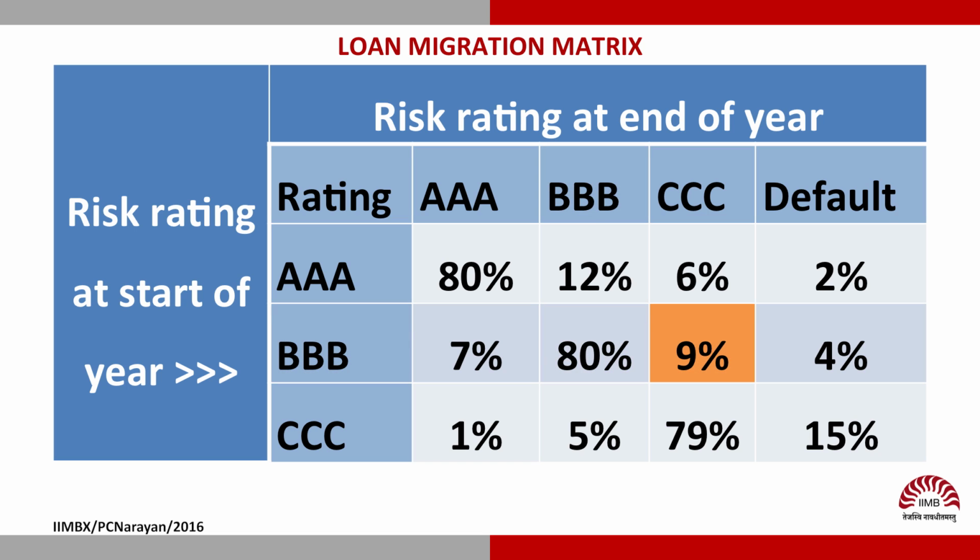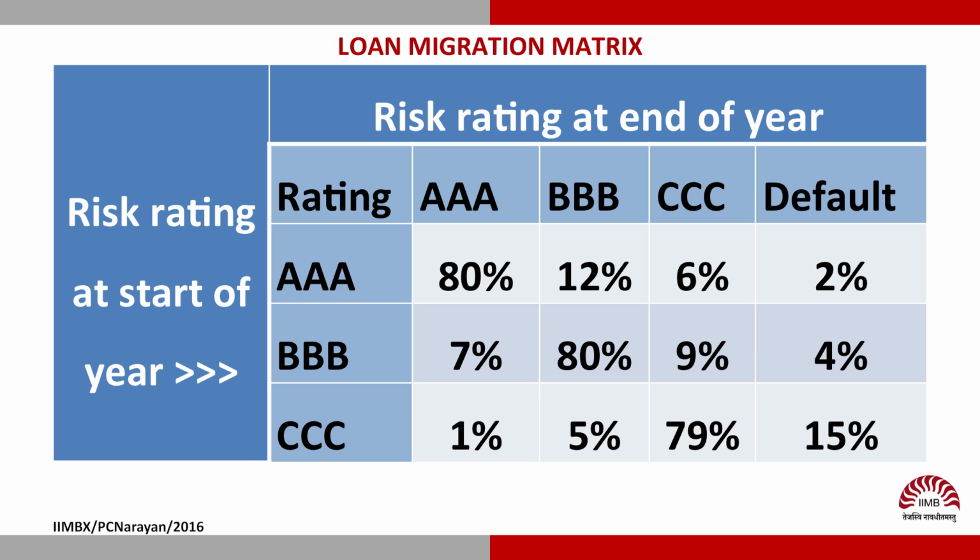The 9% in the next cell to the right shows that 9% of the loans which had a BBB rating at the start of the year were downgraded to CCC by the end of the year, and 7% of the loans that had a rating of BBB at the start of the year were upgraded to AAA by the end of the year. Now, how do lending institutions use this matrix?